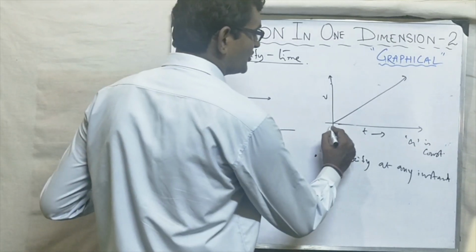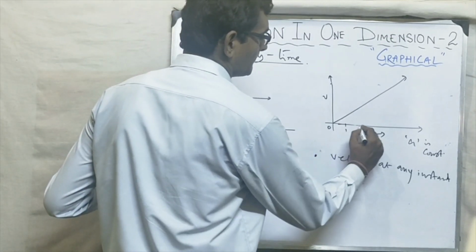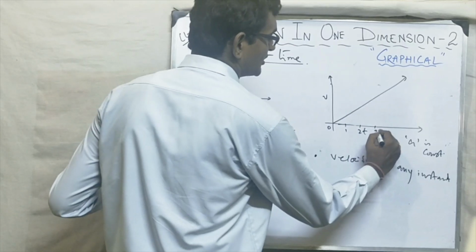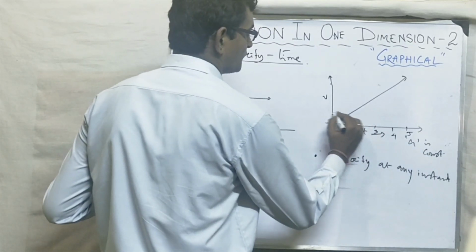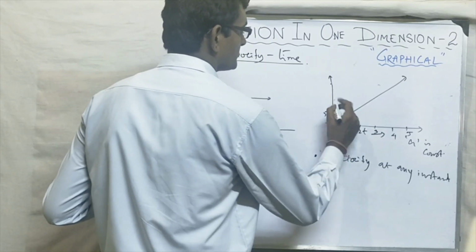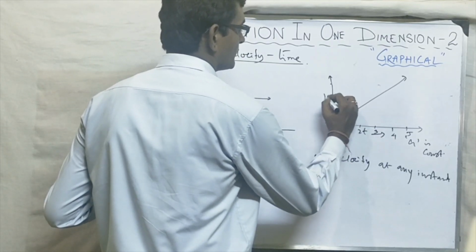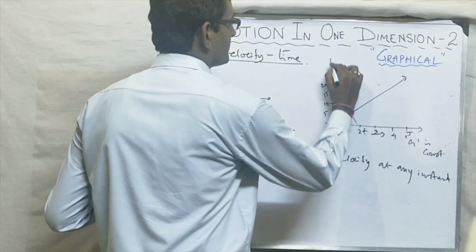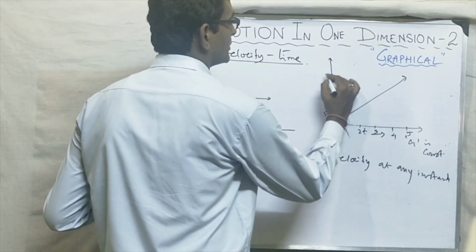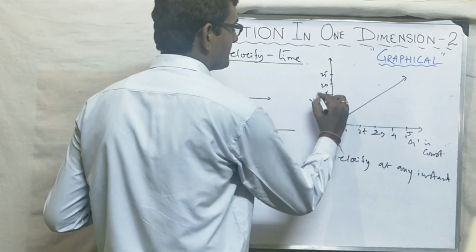Suppose this is 0, this is 1, 2, 3, 4, 5 on the time axis, and on the velocity axis this is 5, 10, 15, 20, 25. Okay.